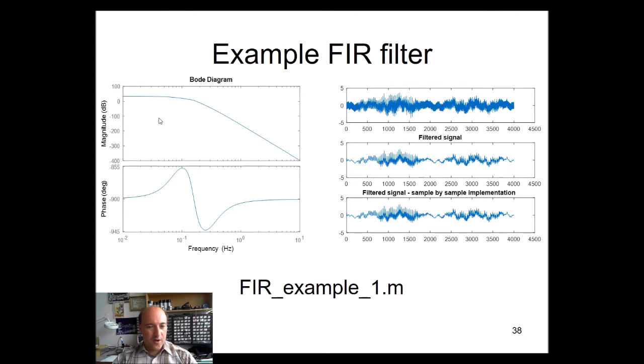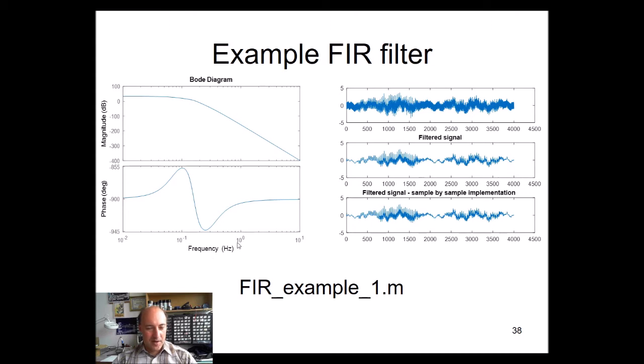All the frequencies below a certain frequency, in my case something like 10 to the power of minus 1 hertz, are low frequencies. Those low frequencies pass through and are not attenuated, and as the frequencies get higher and higher, the filter attenuates them more and more.